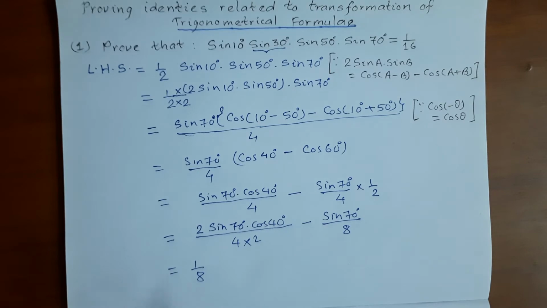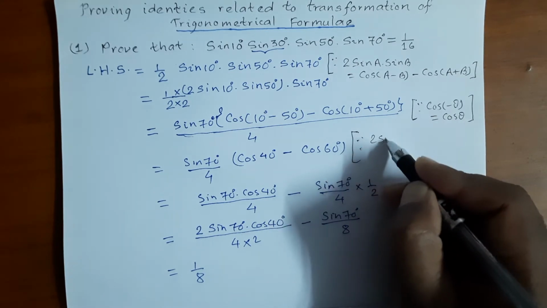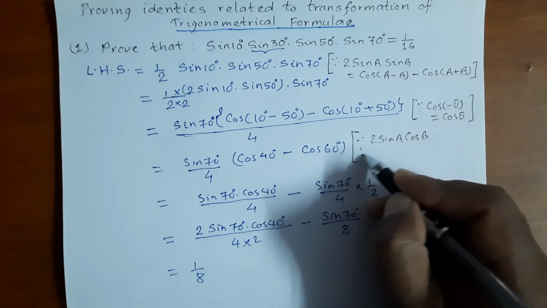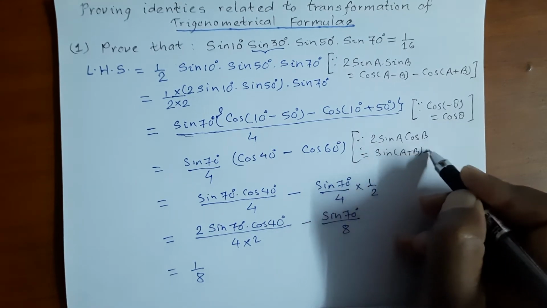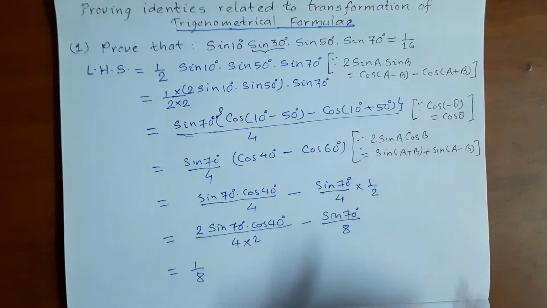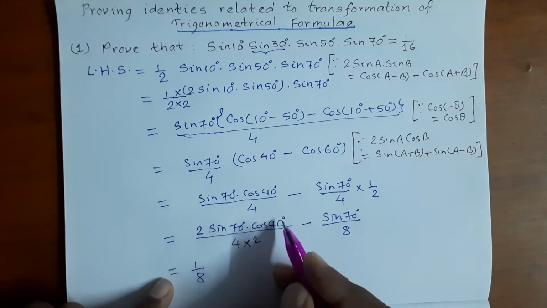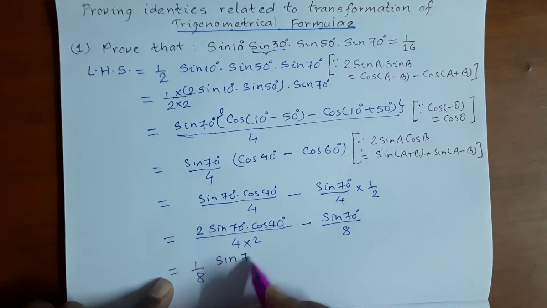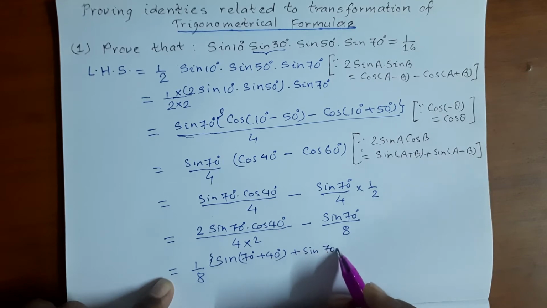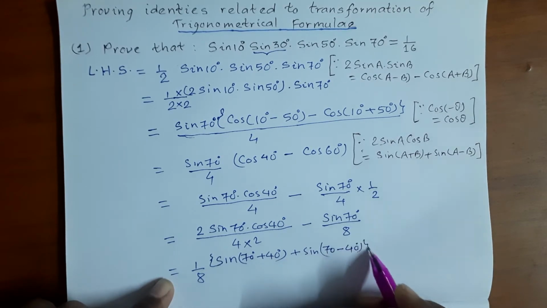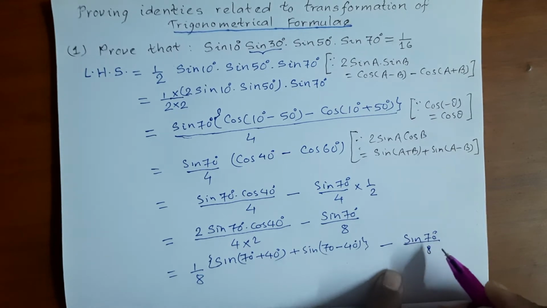The formula for 2 sin A cos B is sin A plus B plus sin A minus B. Using this formula, in place of A put 70, in place of B put 40, so it becomes sin 70 plus 40 degree plus sin 70 minus 40 degree in curly brackets, minus sin 70 degree over 8.